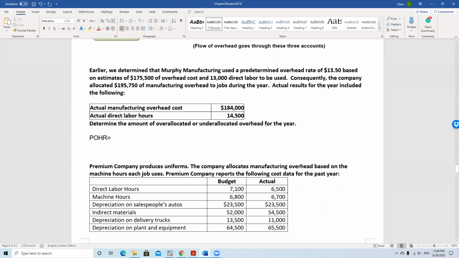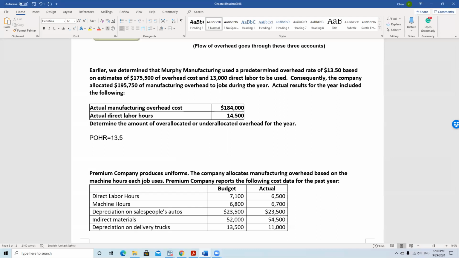Oh yeah, you already have the predetermined overhead rate, which is 13.5. So it's given, and then allocated overhead equals 13.5 times your actual allocation base, which is 14,500.